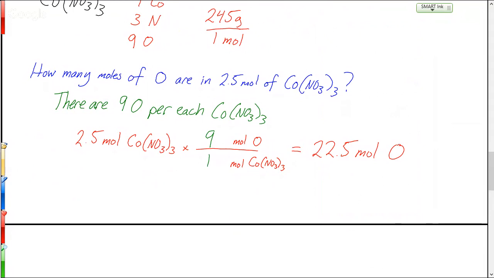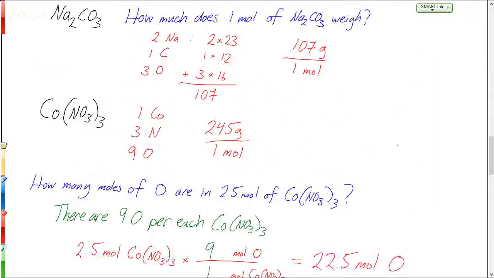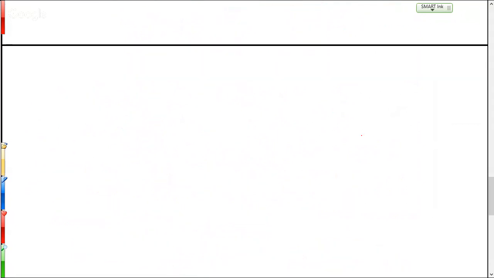All right, so as you see, being able to answer these questions requires that you can write down the correct compounds and that you can balance the equation. So for the next little bit, let's look at some problems that bring all this stuff together and how you could answer some of these bigger problems using these ideas of moles. All right. Let's start with this one.